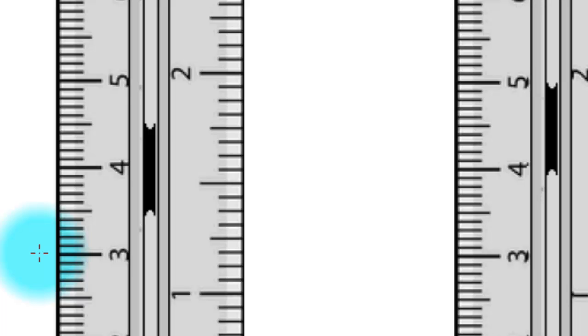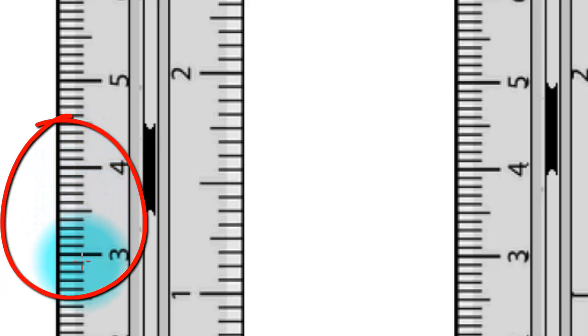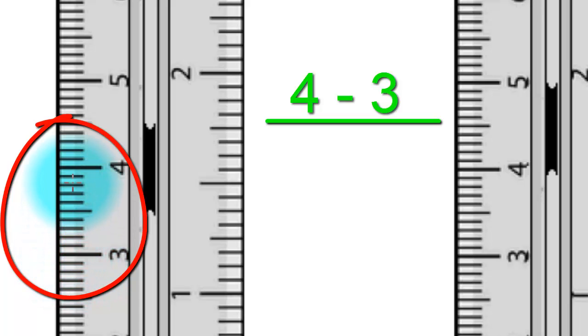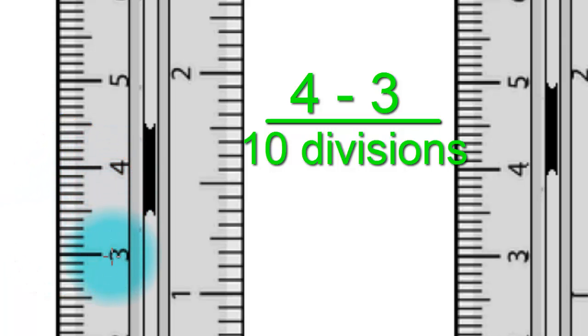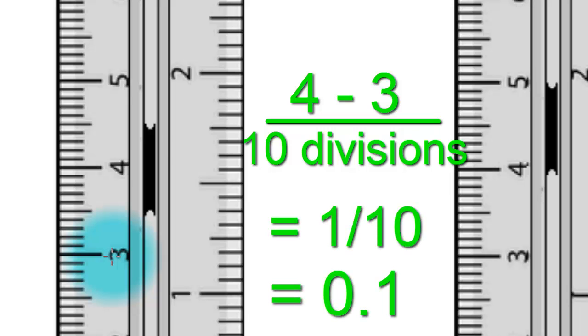To know whether you need to write decimal place or not, just minus them. So 4 minus 3, divided by how many divisions between them? There are 10 divisions also. So 4 minus 3 is 1, and 1 divided by 10 is 0.1. So that means yes, you need to write 1 decimal place for all the readings that you have.